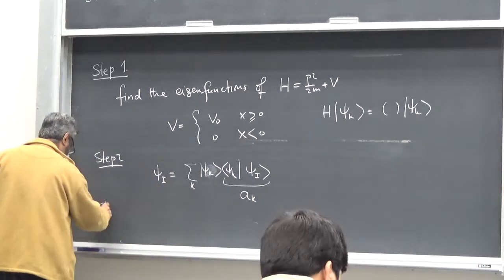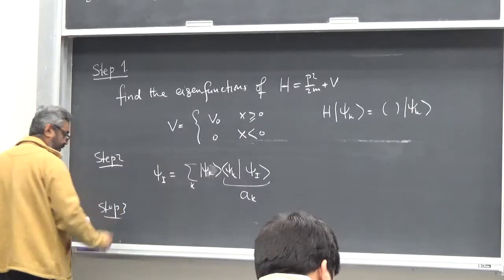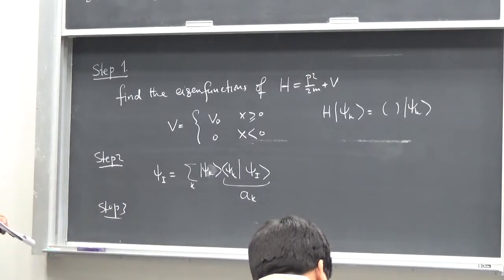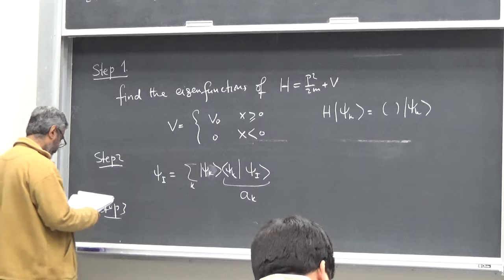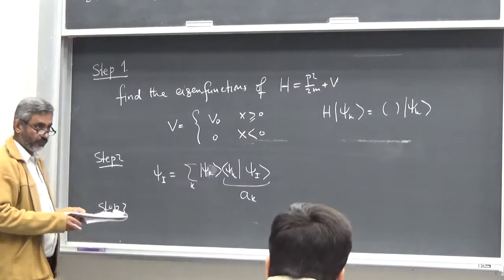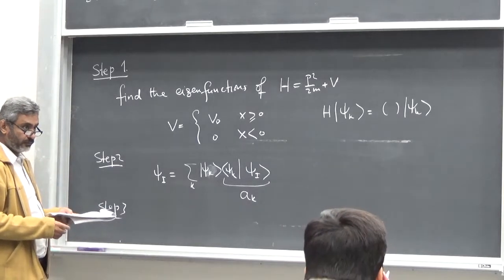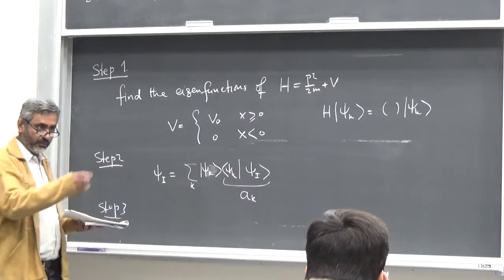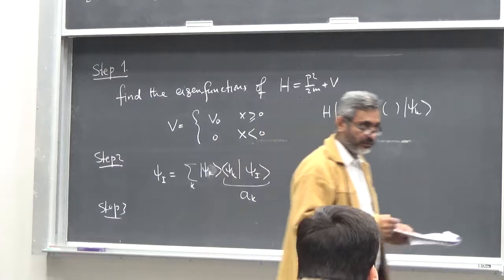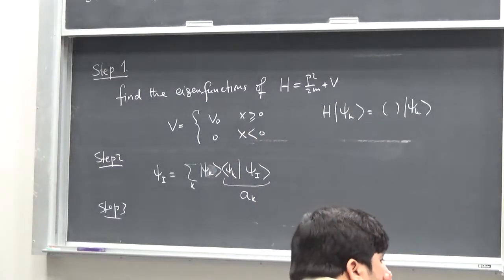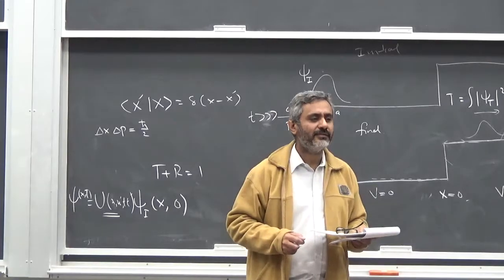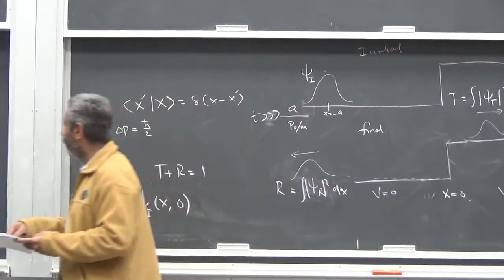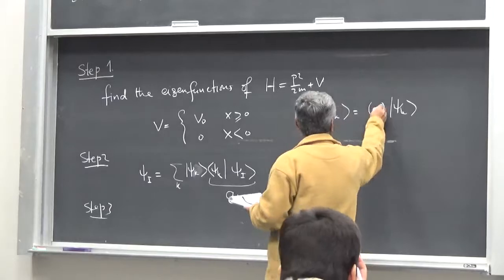Let's call them A of k or A of E. Then what is step 3? So we can write psi I as a series of A k psi k. Whatever? Yeah, go ahead. Sorry, I didn't hear. So we take psi as a series of A k and psi k and find the energy of psi k. Well, we already know what the energy is here.